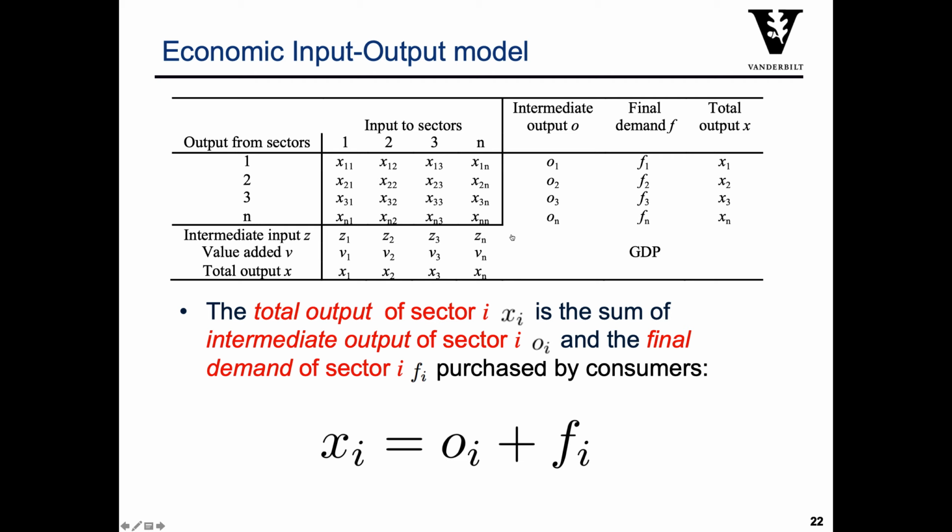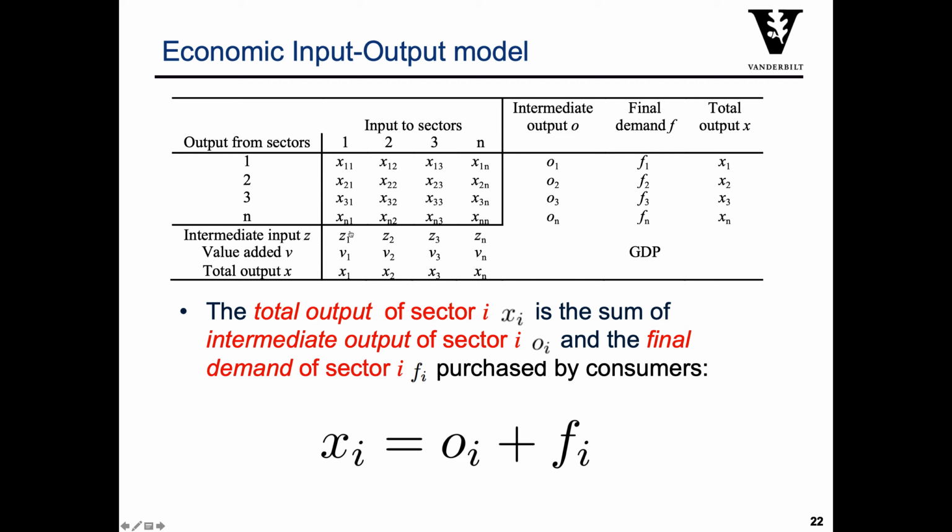We explained in class that if, instead of summing across the rows of these tables, you sum down the columns, this tells you how much output from sector 1 was sold to 1, plus the output from sector 2 sold to 1, plus the output from sector 3 sold to 1, and so on. Well, that tells you basically the value of all the inputs to sector 1. And the value of all the inputs to sector 1 does not equal the total output of sector 1.